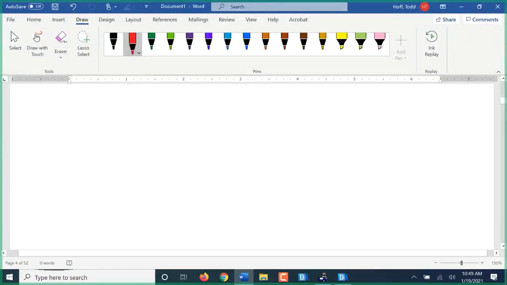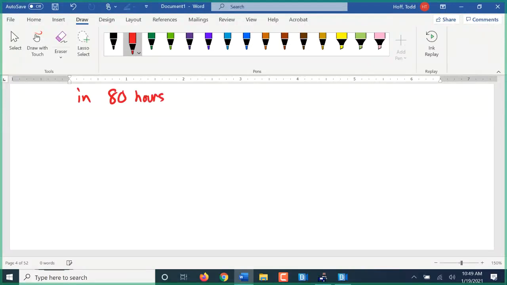For example, we might have a direct relationship where, let's say that in 80 hours, a crew can sheetrock, that's just hanging the sheetrock, for 4 houses.